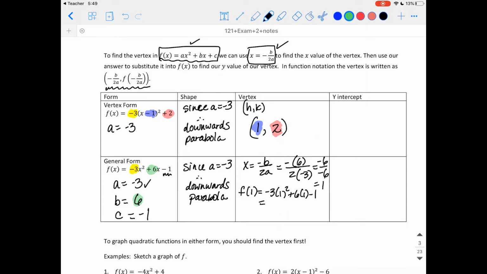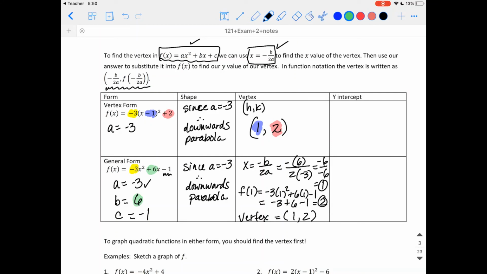If you do that in your calculator or doing order of operations, 1 squared is 1 times negative 3 is negative 3, 6 times 1 is plus 6, minus 1. So negative 3 plus 6 is 3, minus 1 is in fact 2. And so your vertex is your x value, which is the 1, and the y value of 2. So a little bit of extra work there, algebraically.